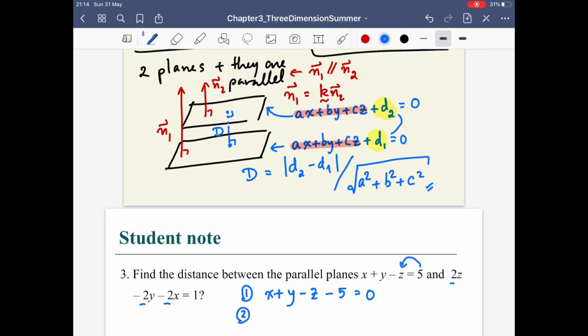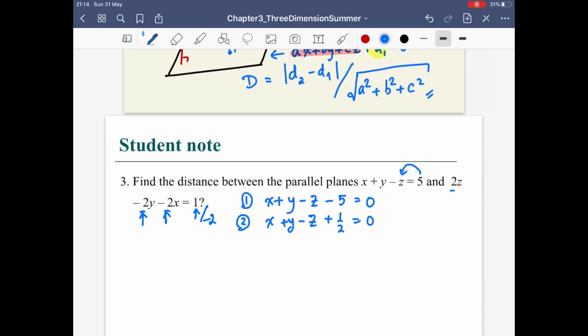Your second plane will be your x and your y, and minus z. You divide the whole thing by negative 2. If you divide this one by negative 2, you get a negative 1/2, but as you move it over here, you get a positive 1/2. So here is your d1, with the negative, and here is your d2.